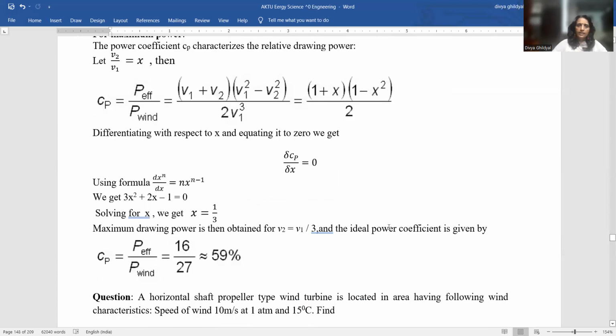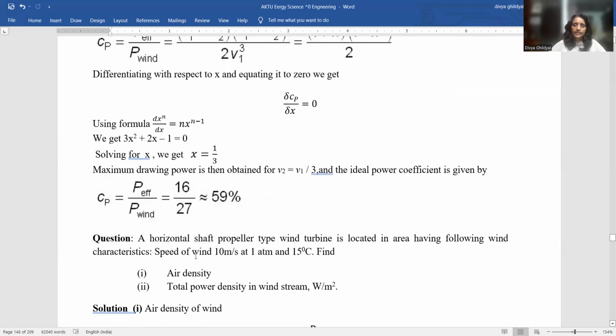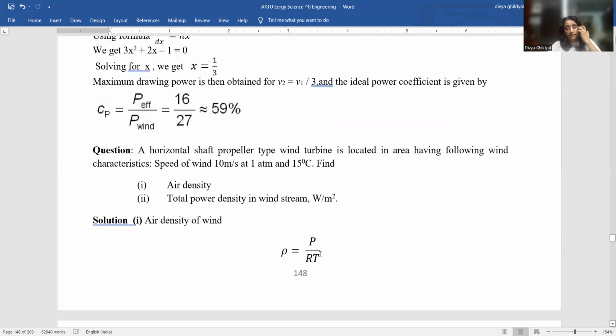We differentiate this value, using the formula d by dx of x to the power of n is equal to n x to the power of n minus 1, and we get x is equal to 1 upon 3. We put this value of 1 upon 3 in the expression above and we solve. We get the ideal power coefficient is approximately 59%. Thank you.